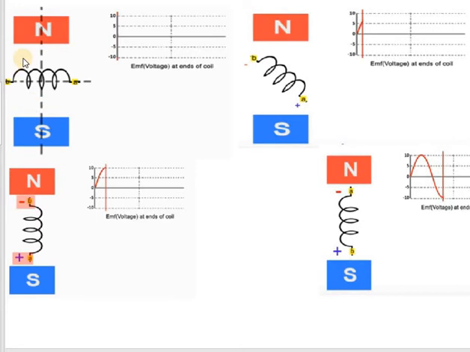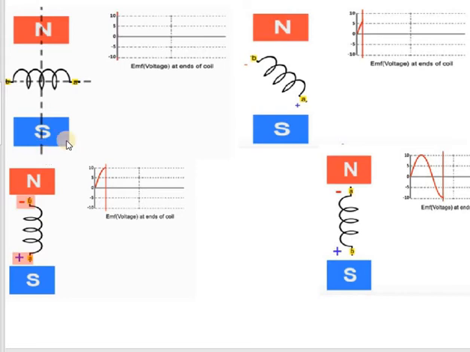Now that we understand how EMF is produced, let's imagine the positioning of a magnetic field with north and south, with a coil that is positioned perpendicular to the magnetic field. So the coil is positioned perpendicular to the magnetic field.